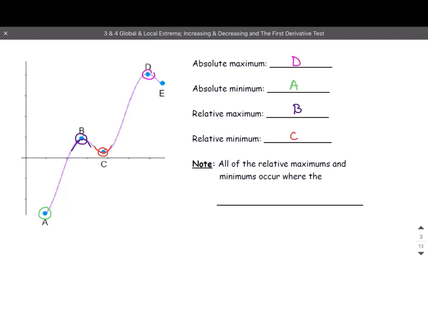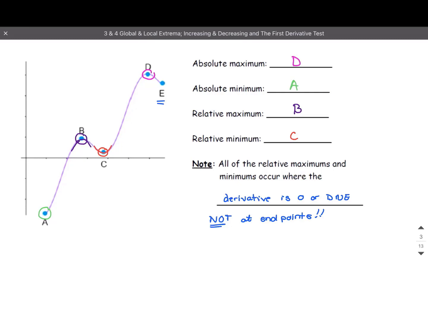Something to keep in mind here is that all of the relative maximums and minimums occur where the derivative is 0 or does not exist. They do not happen at the endpoints. So notice, E is neither a relative max nor a relative min.